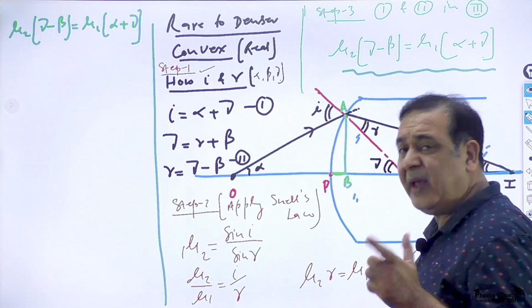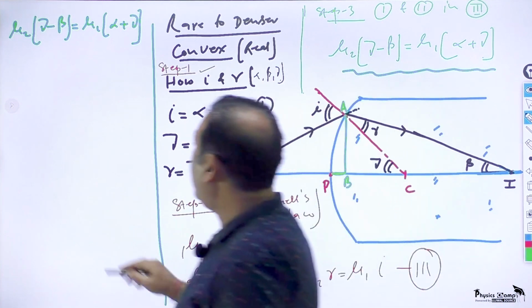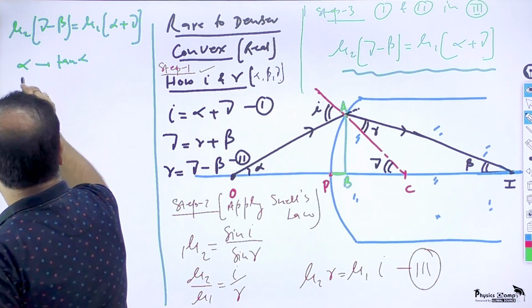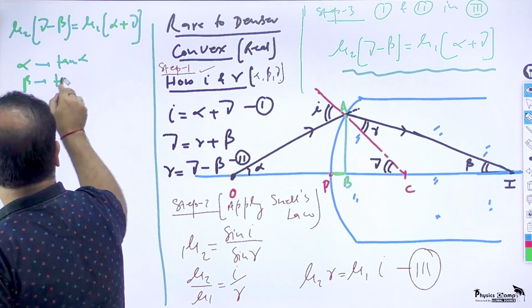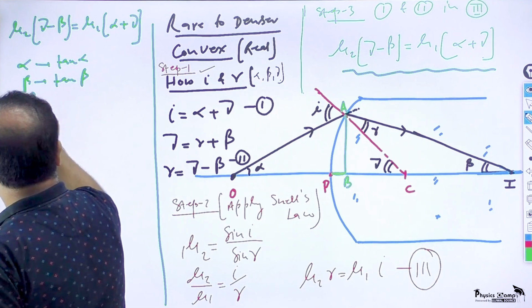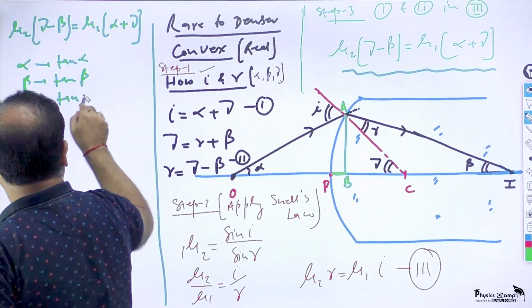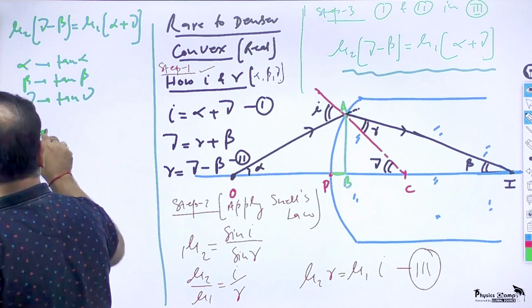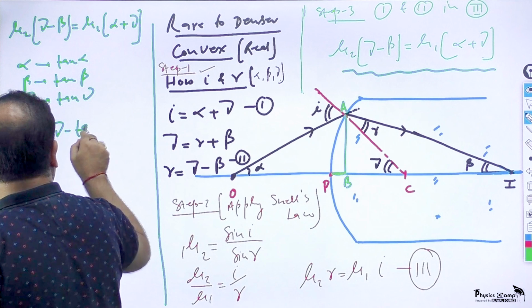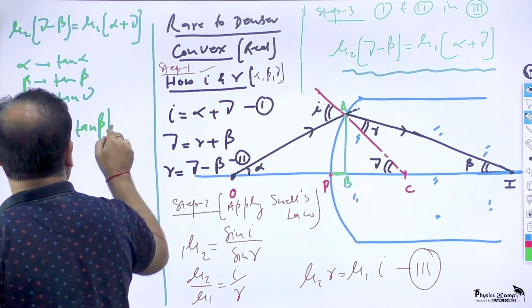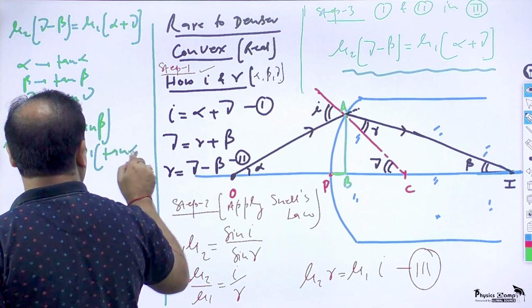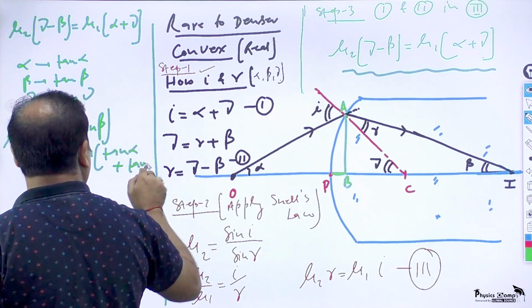And for small angle, alpha can be called as tangent alpha, beta can be called as tangent beta, and gamma can be called as tangent gamma. So I put this value mu2 into tangent gamma minus tangent beta is equal to mu1 into tangent alpha plus tangent gamma.